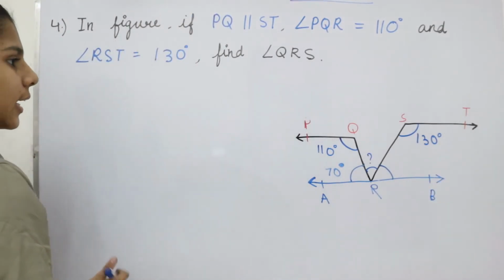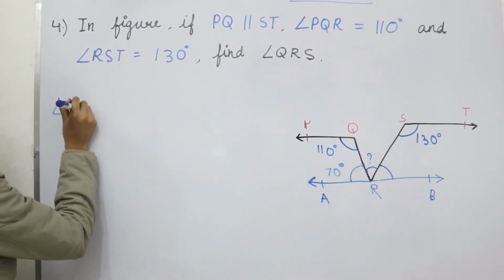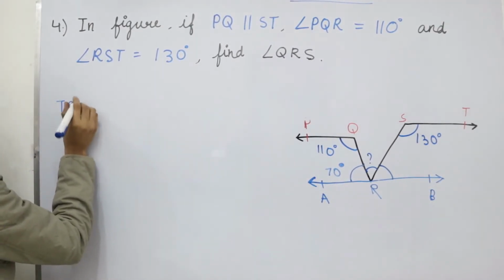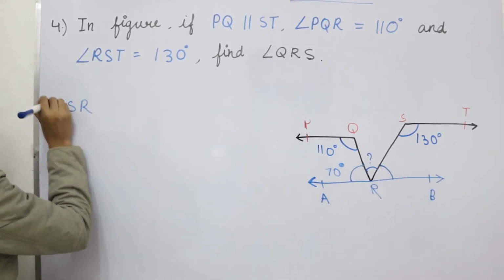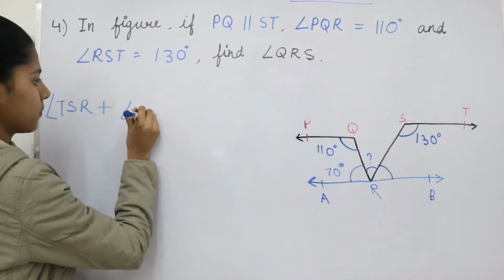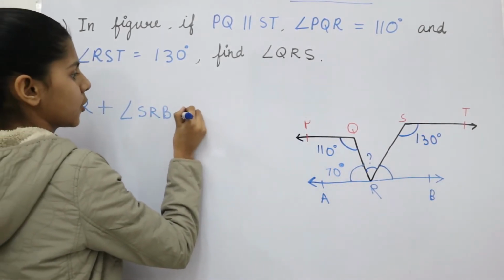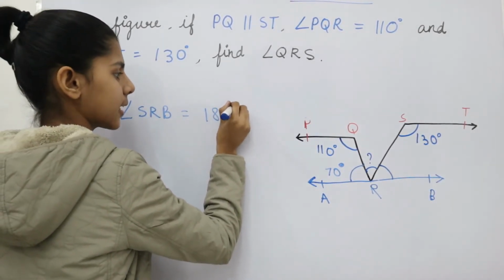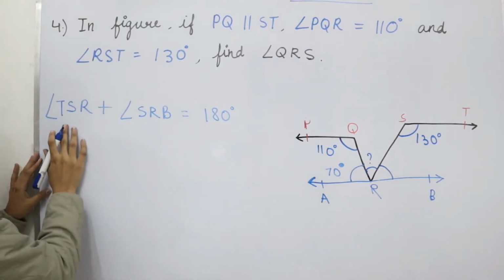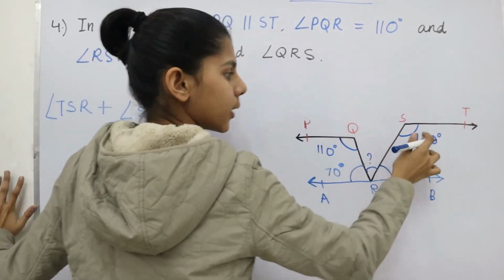So thus we can write that angle TSR plus angle SRB is equal to 180 degree, by the same property of co-interior angles. TSR means this angle, which is 130 degree.